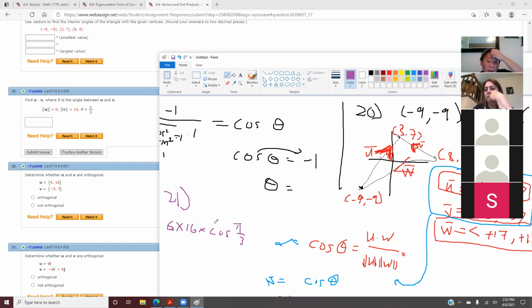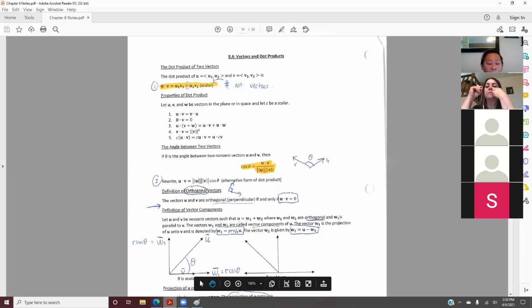Whatever you get will be your u dot v here. So this is the alternative form, but again, it's not important. The most important thing that I want to point out to you is just dot, like what I taught you earlier. That is important. This is just an alternative form, so not to worry about it much.